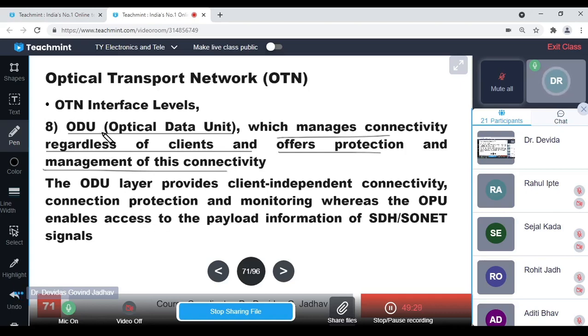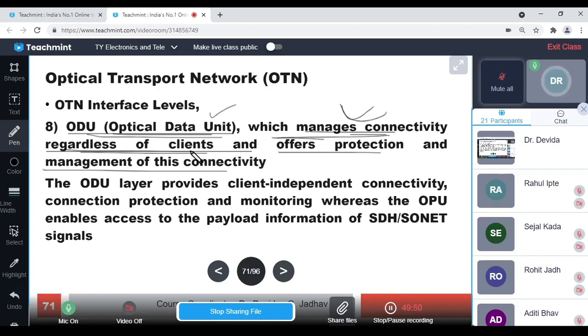ODU is the optical data unit, which manages the connectivity. It is the routing, regardless of the clients. Regardless of the clients, maybe ATM, maybe SONET, maybe internet applications.